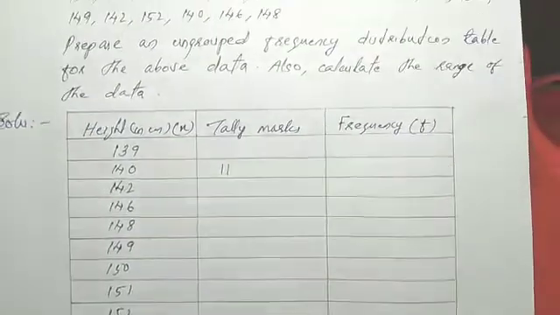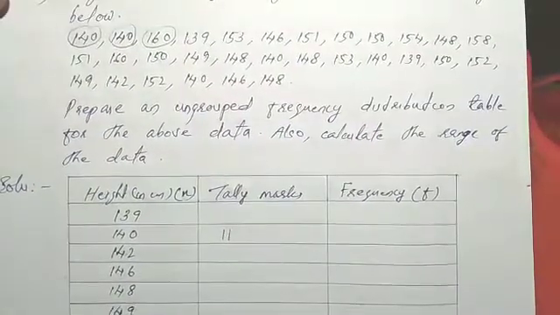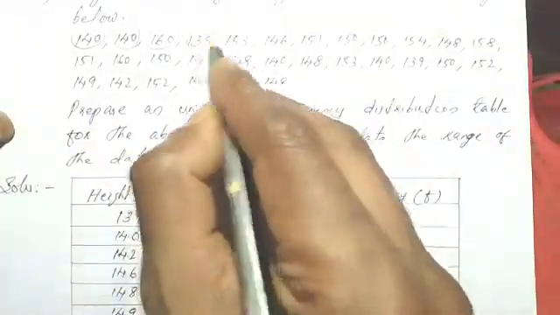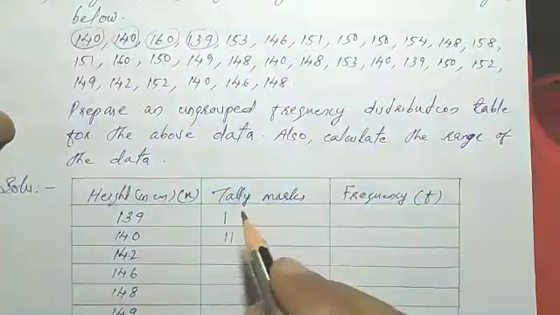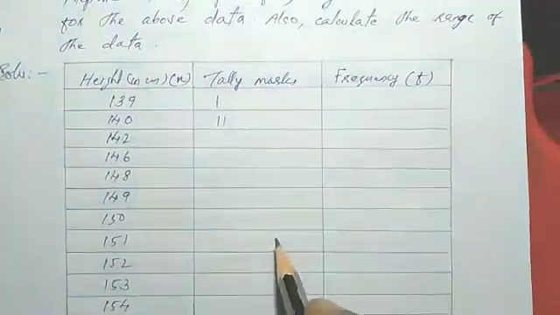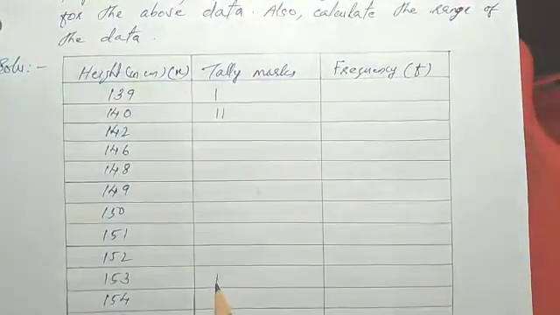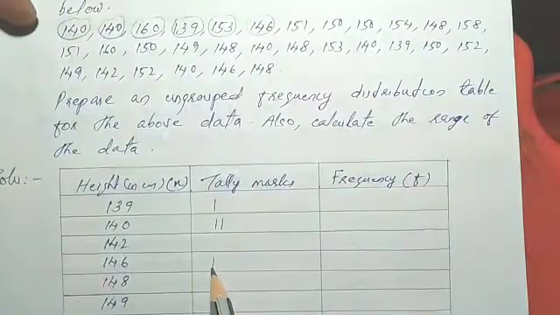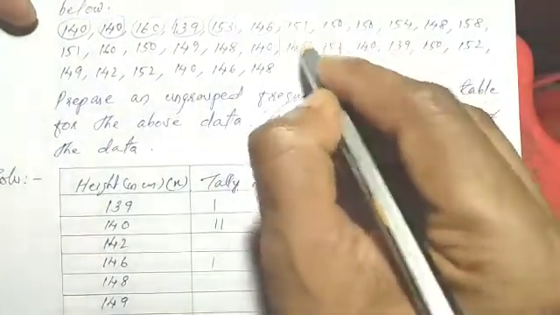Then the next one is 139, that is the first one. Round it, mark it 1 here. Next one 153, mark 1 there. Next one is 146, then 151.